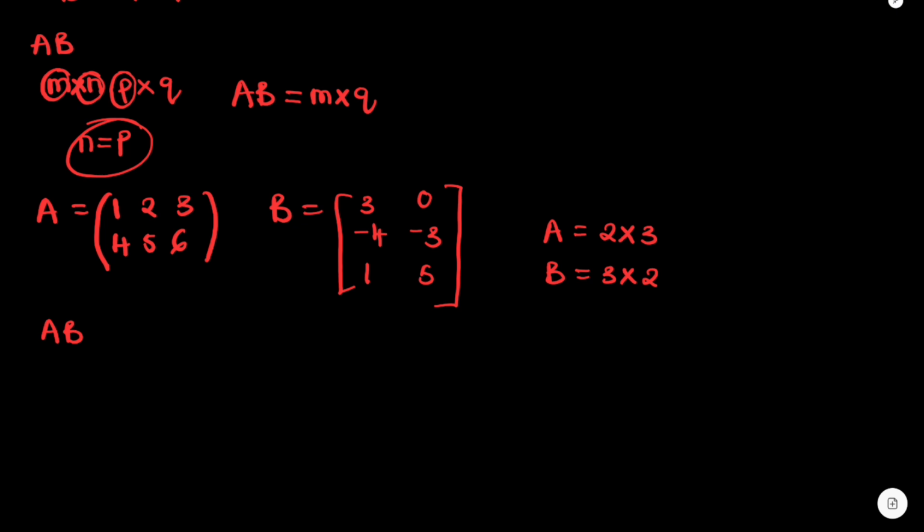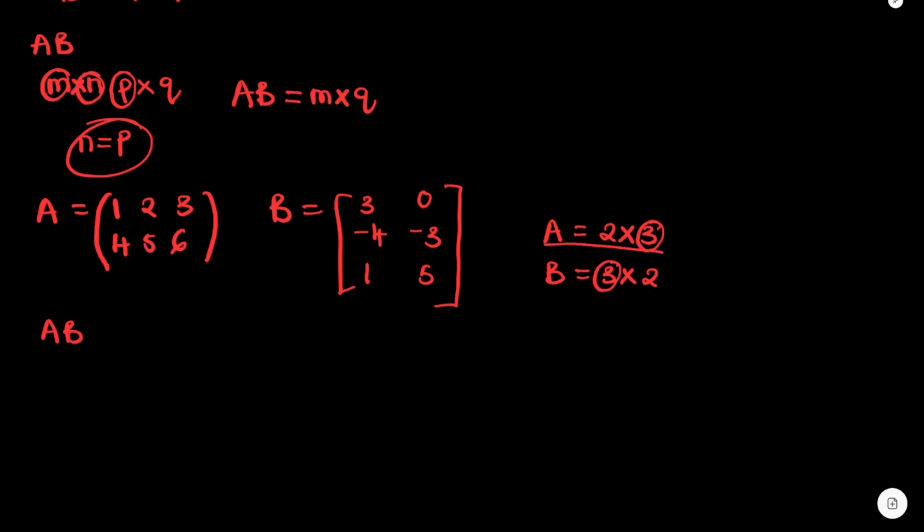Okay, remember I said the product AB is possible if the number of columns in the first matrix is equal to the number of rows in the second matrix. So what do we see here? A is a 2 by 3 matrix, B is a 3 by 2 matrix.